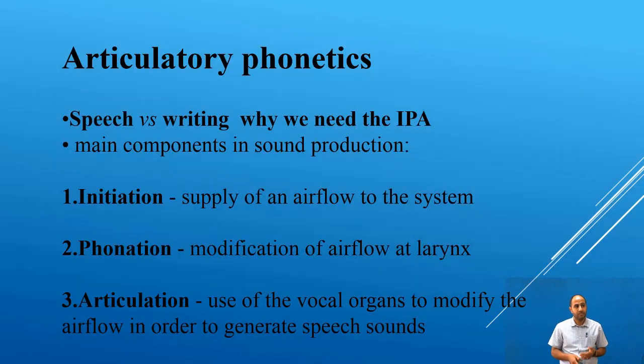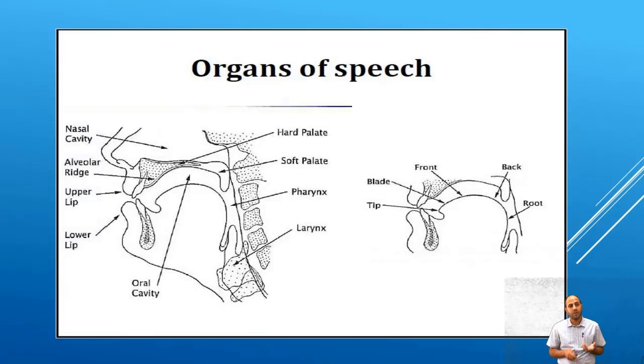While air is modified and articulated, it needs to go through one of the outlets. These are either the oral cavity or the nasal cavity. We have different organs of speech, starting from the very front part, which is the lips, and ending with the larynx.